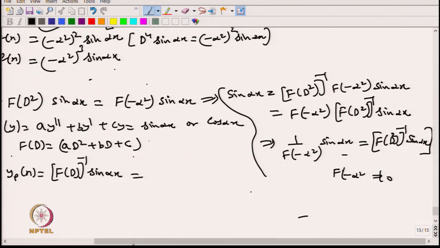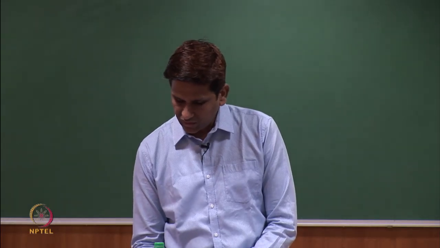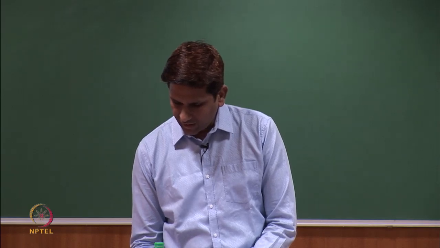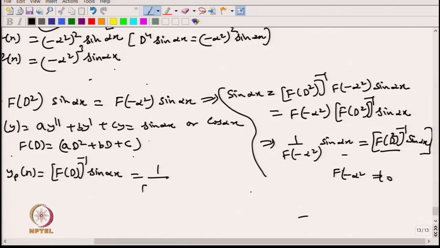So, here it is a D square, but in the expression we have D square everywhere. So, what we do is that instead of D square I will put minus alpha square, and from here this can be written as f of minus alpha square into sin alpha x.